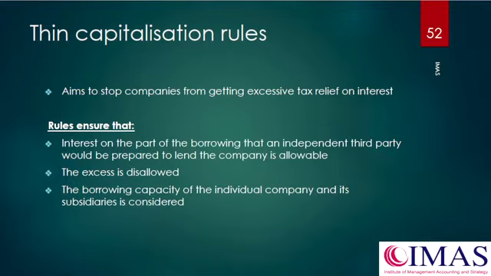This is to ensure that interest is allowed on the part of the borrowing that an independent third party would be prepared to lend the company. Just like the situation that I gave you. If the subsidiary could only borrow 50 million from the bank, but they got 100 million from the parent, the interest is only going to be calculated on the 50 million. The excess is going to be disallowed.